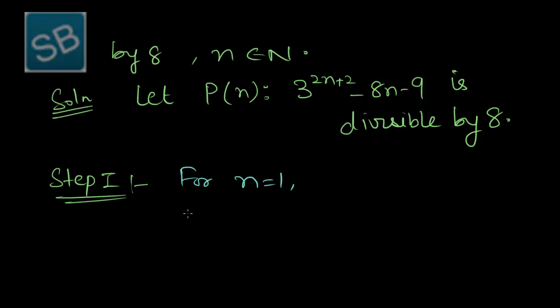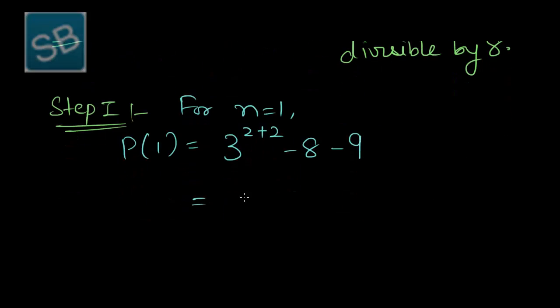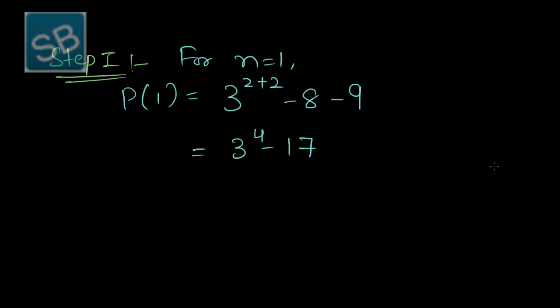For n is equal to 1, P of 1 is 3 raised to power 2 plus 2, by substituting n is equal to 1, minus 8 into 1 is 8, minus 9. Therefore, we get 3 raised to power 4 minus 17. 3 raised to power 4 means 3 into 3 into 3 into 3, that is 81, minus 17, that is 64.